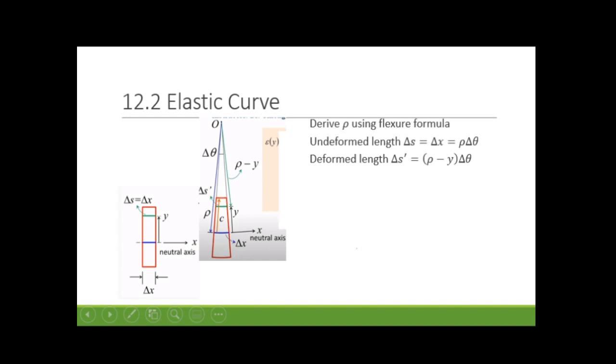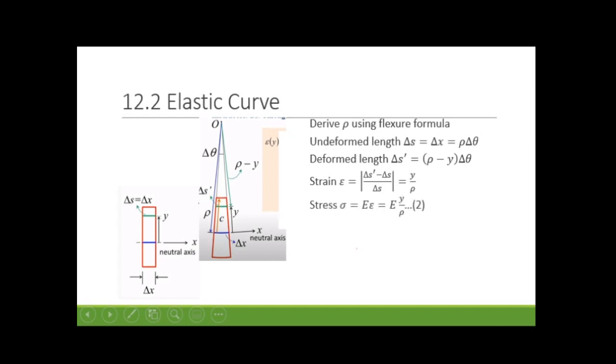So if I want to measure the strain, you remember the strain is the length change divided by the initial length. Therefore, if I write the formulation like this, I obtain that epsilon is equal to y divided by rho.